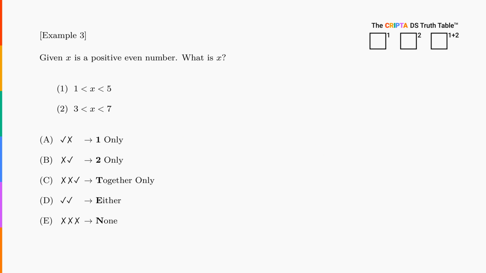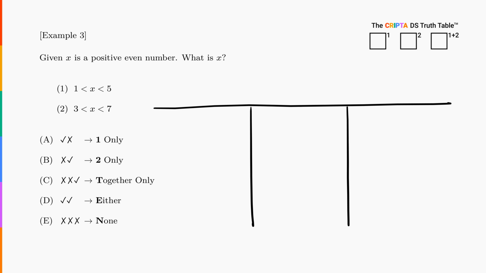Third example, this is the most interesting one. Split up the 3 cases. Everyone else will force you to start from statement 1 only. But with this method, we can actually start from the third box. We can easily see that x is totally determined in the third box.